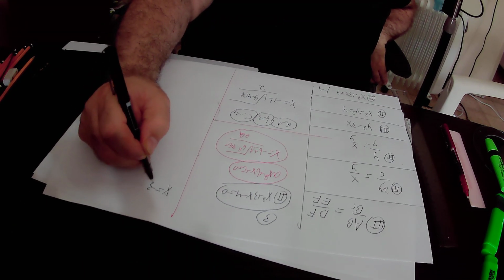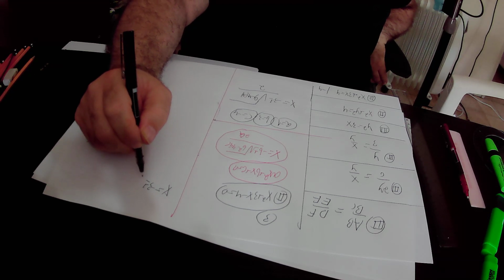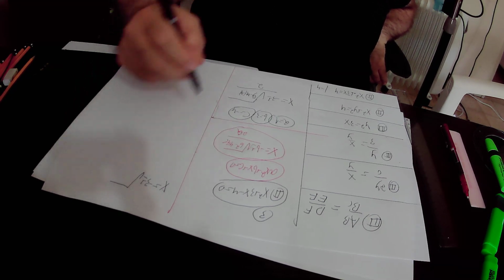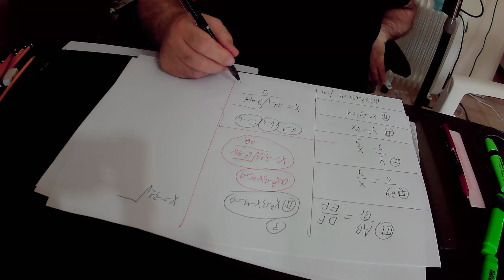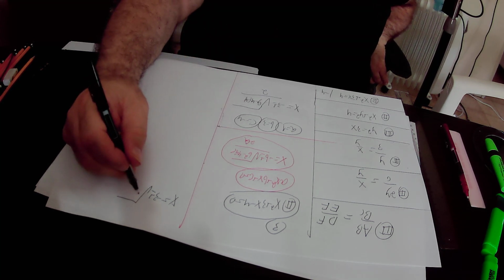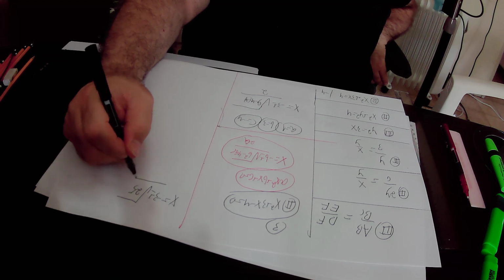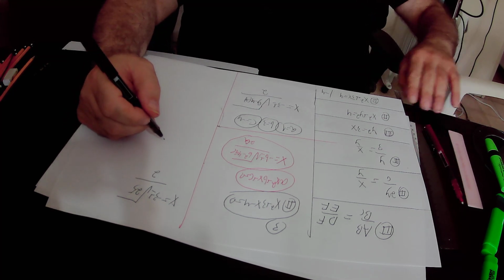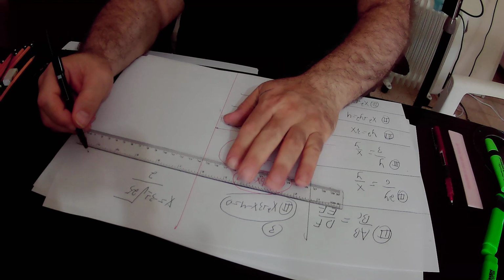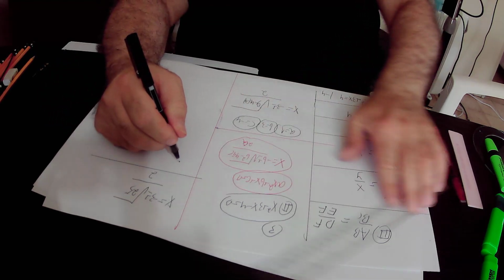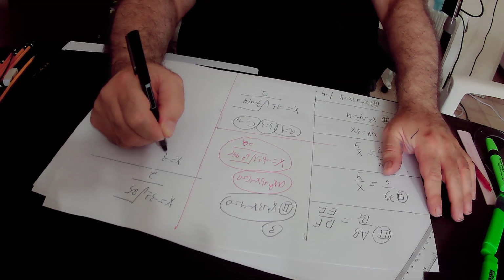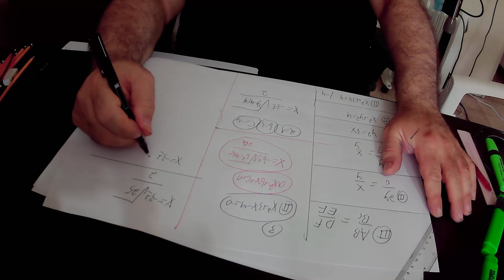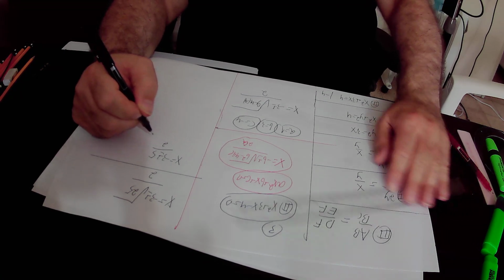So we found out that actually x equals minus 3 plus minus square root of minus 4 times minus 4 is plus 16, plus 16 plus 9 is plus 25, over 2. So x equals minus 3 plus minus square root of 25, which is 5, over 2.